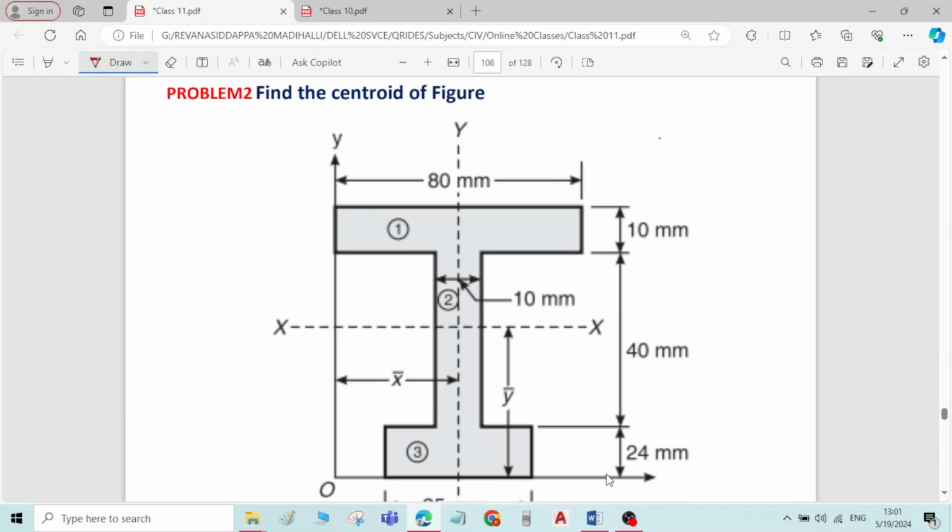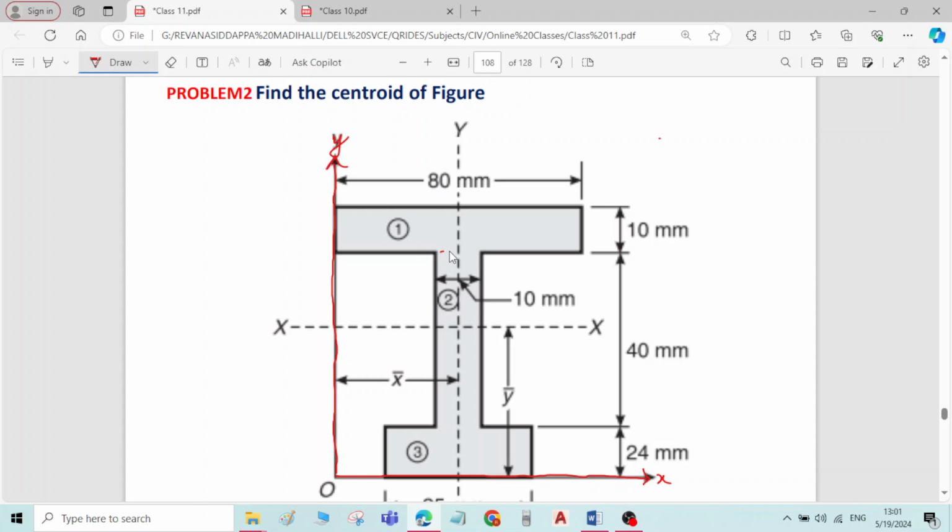Reference axis. So this is the reference x-axis and this is the reference y-axis. Now divide the figure into regular components.